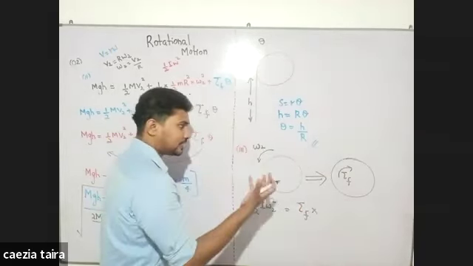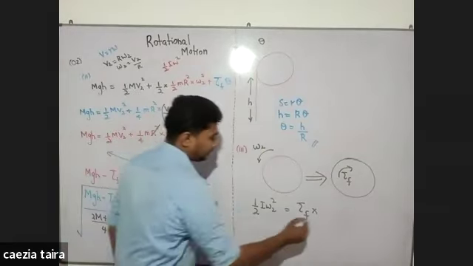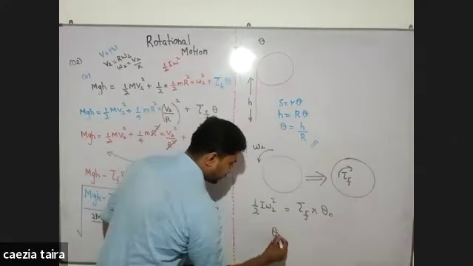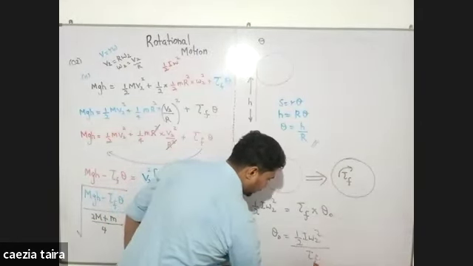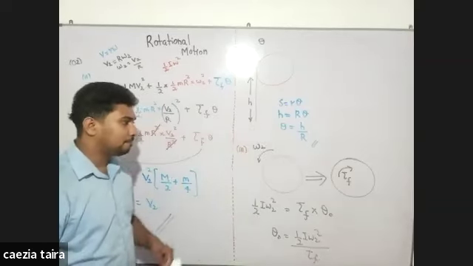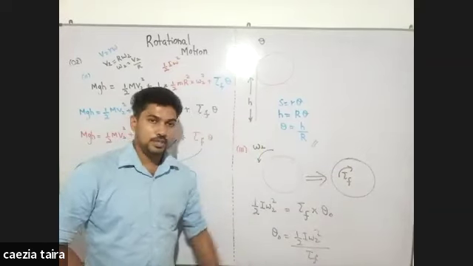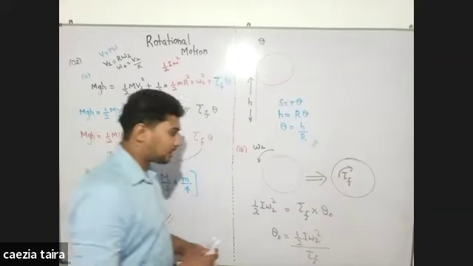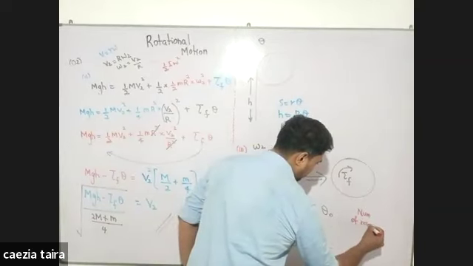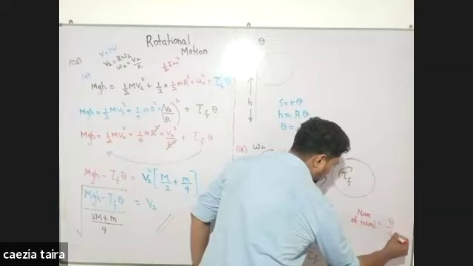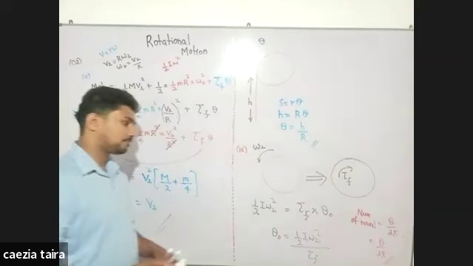The work done against the frictional torque can be obtained with this equation. Let's call the angular displacement theta naught, which equals half I omega 2 squared over tau. When the pulley comes to rest, this is the angular displacement gained by the pulley. To find the number of rounds, divide theta by 2 pi. Understood?